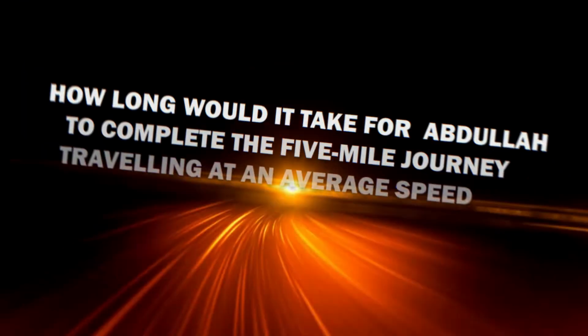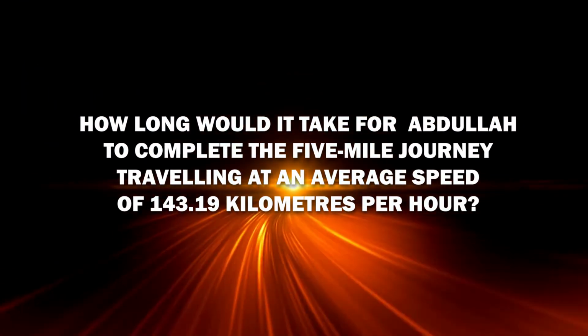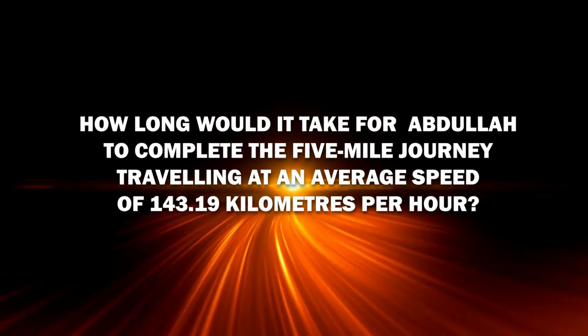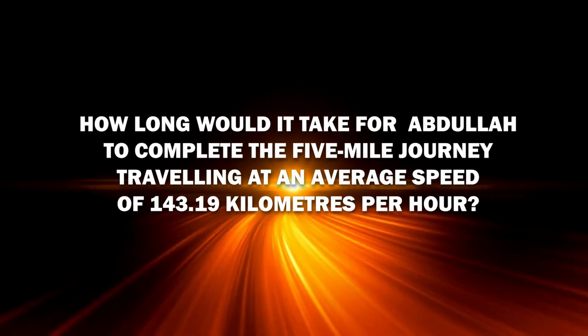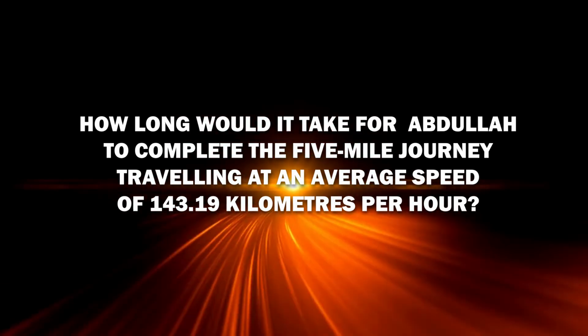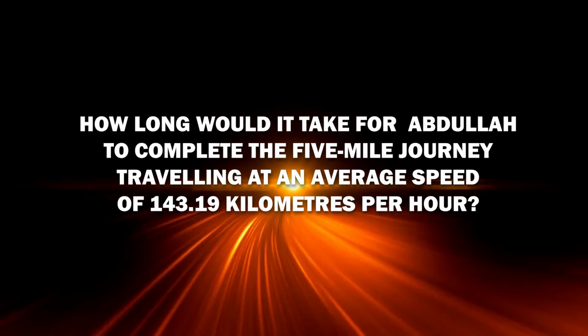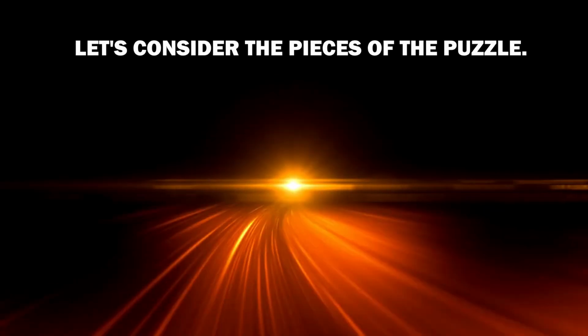Let's try one more final question. How long would it take for Abdullah to complete the 5-mile journey traveling at an average speed of 143.19 kilometers per hour? Why not pause the video and complete some quick calculations to find out? Okay students, let's review our answers. Let's consider the pieces of the puzzle.